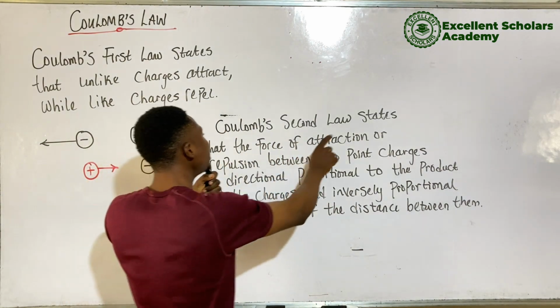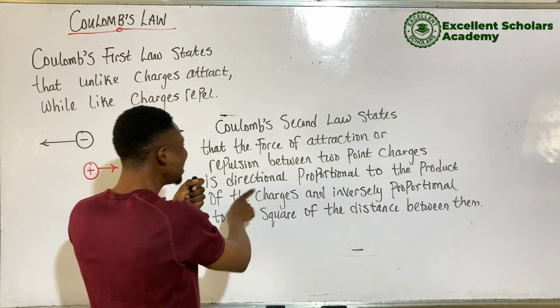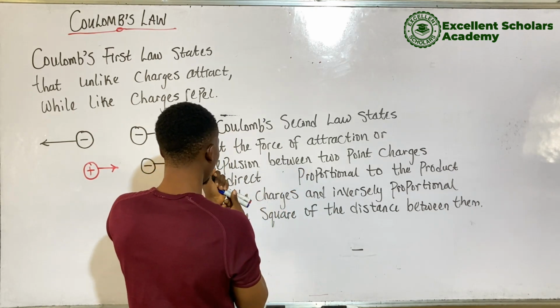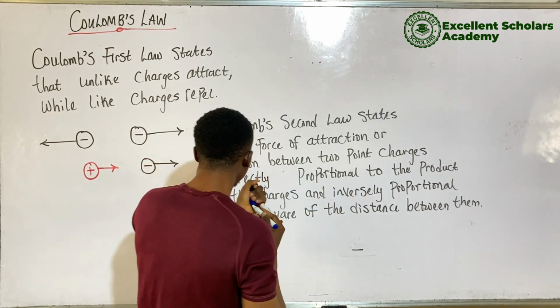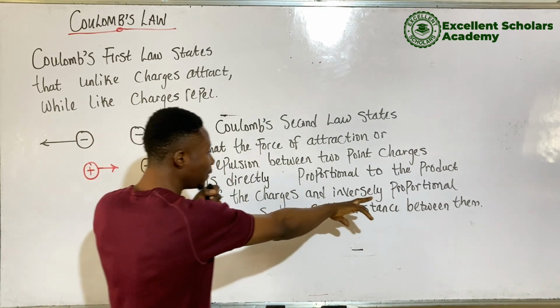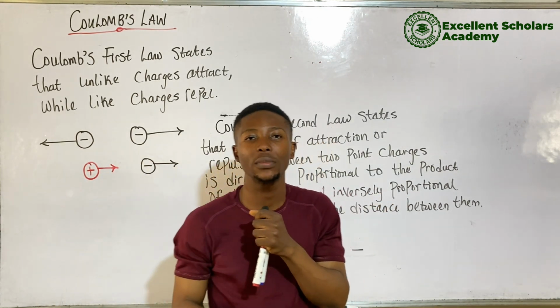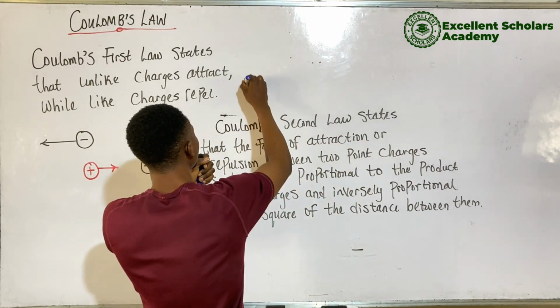So it says that the force of attraction or repulsion between 2-point charges is directly, not directional, directly proportional to the product of the charges and inversely proportional to the square of the distance between them.